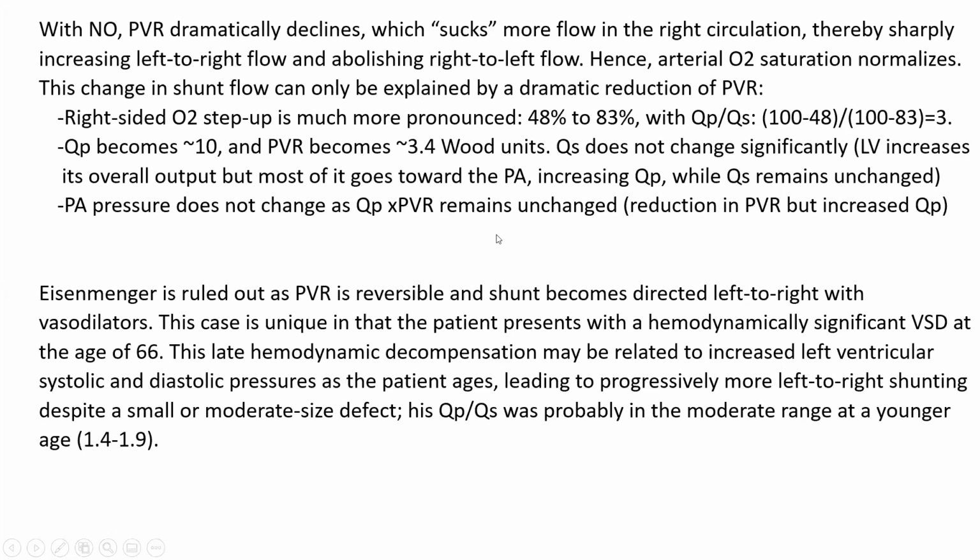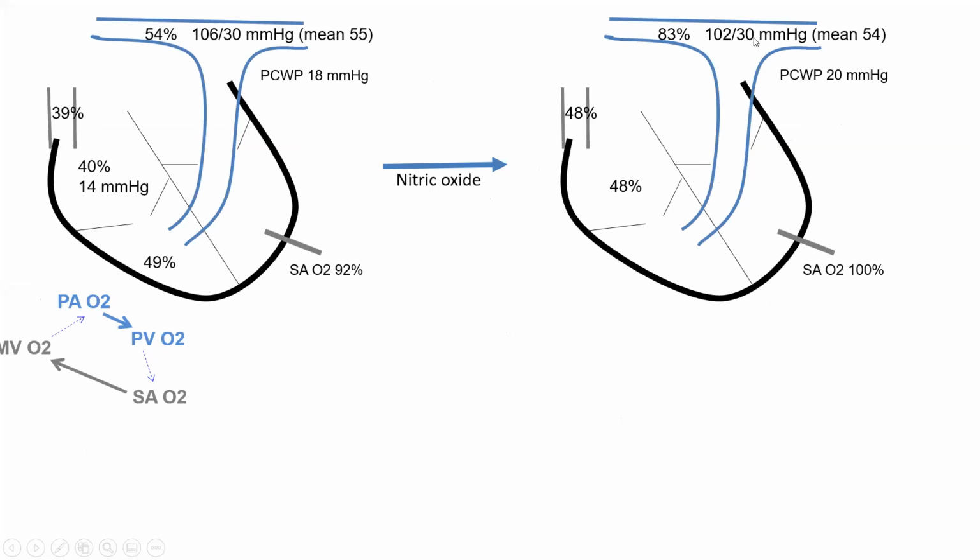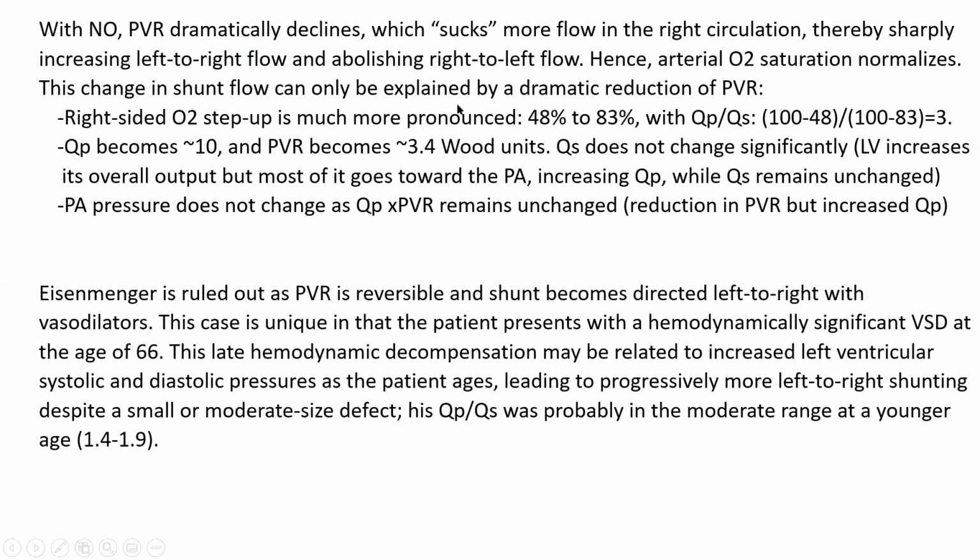Now I think to keep in mind, the PA pressure has not changed. How come? We collapsed the PVR. How come the PA pressure did not change? Because of increased flow, because the PA pressure is determined by the PVR and the flow. So flow increase and PVR decrease, the net flow is okay. Exactly. You are correct. So PA pressure, by the equation, is almost equal to QP times PVR.